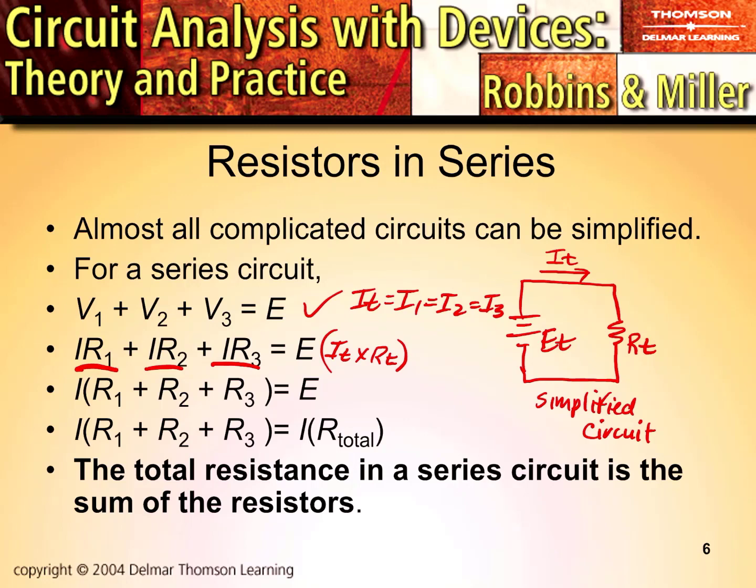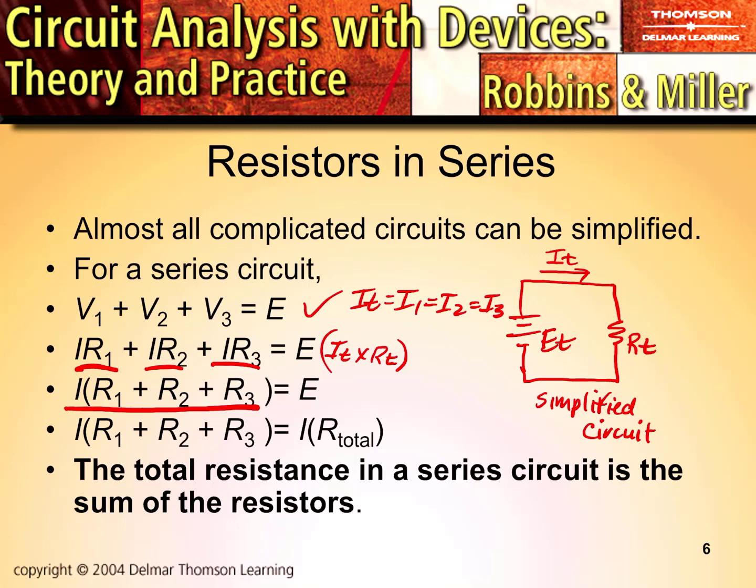So it means that we can actually remove the I value as a common factor from each one of these terms, right? So that's what we did here. We removed the I from each one of those terms to give us this. And then likewise, you could remove the I from this term and give you R total.